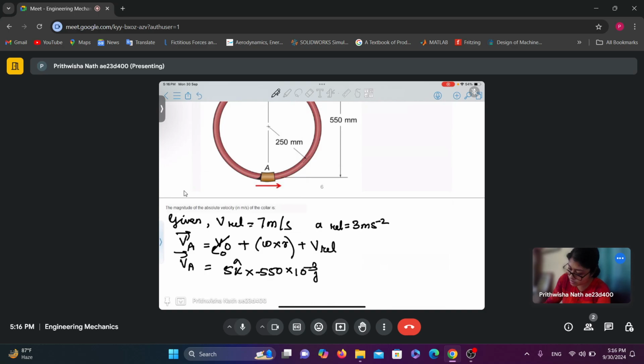So minus j, plus V relative, which is 7i. Now we just need to calculate this.